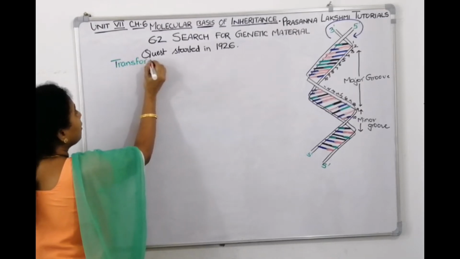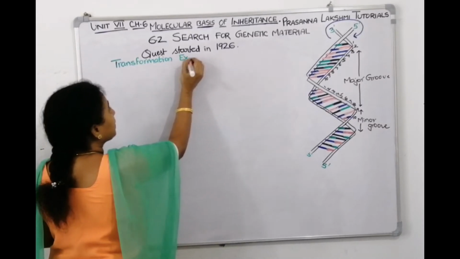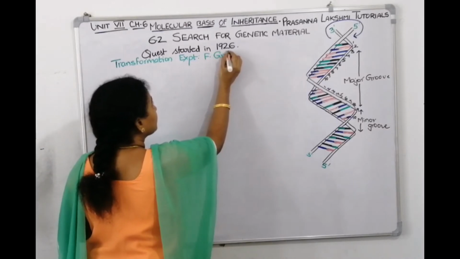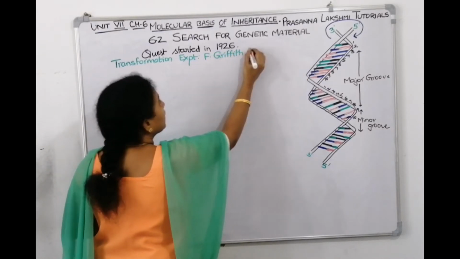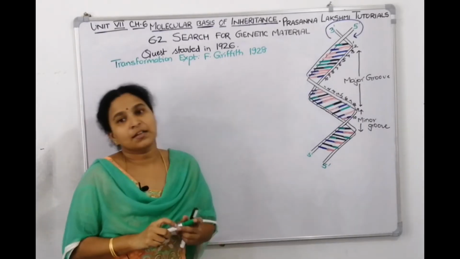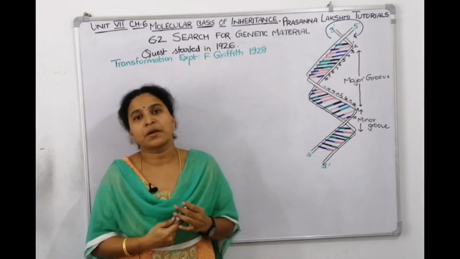Griffith worked on transformation experiments in the year 1928. What is the name of the experiment? Transformation experiment. What did he do?